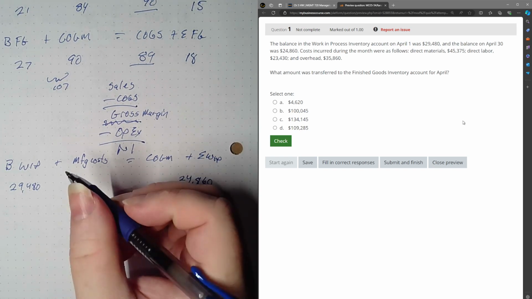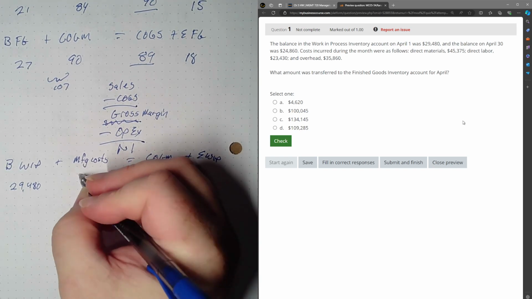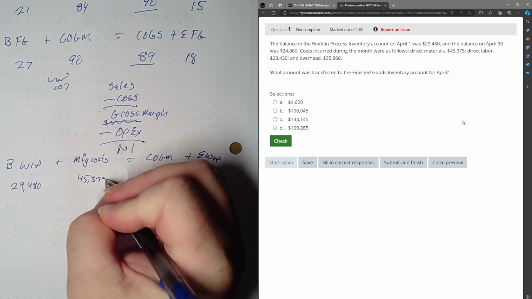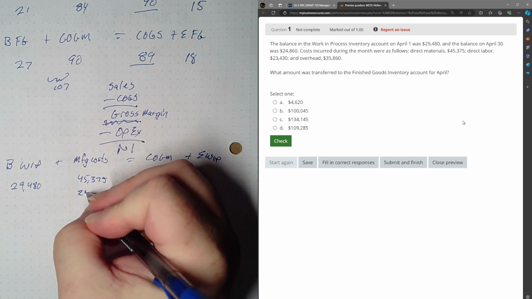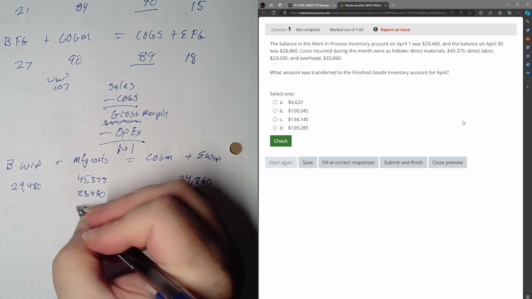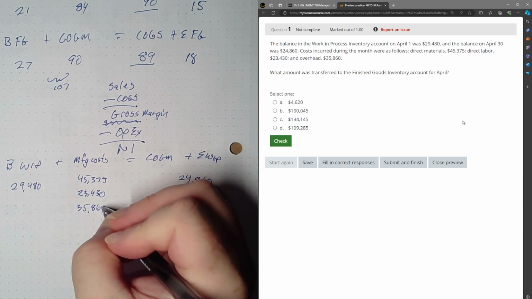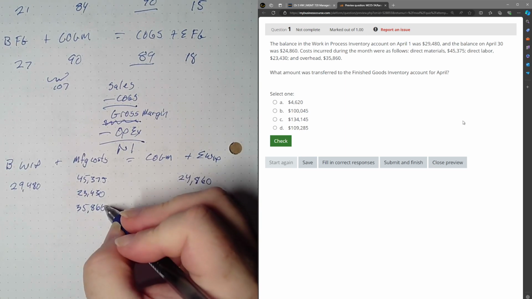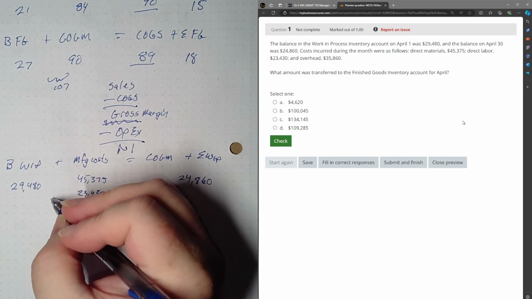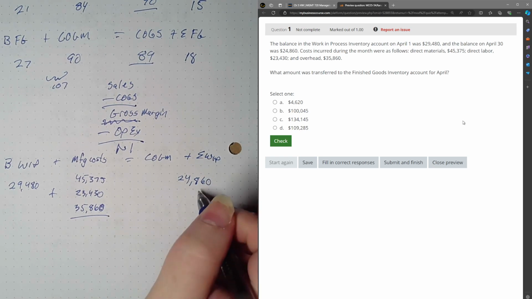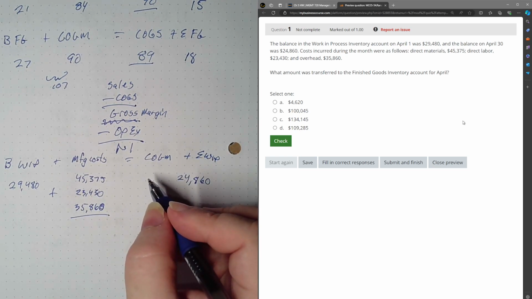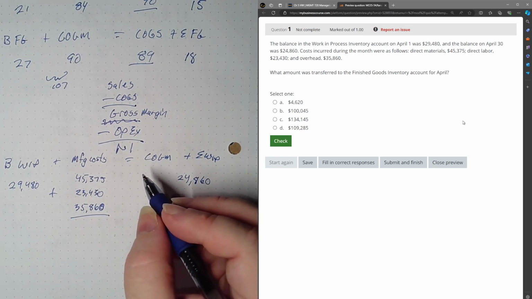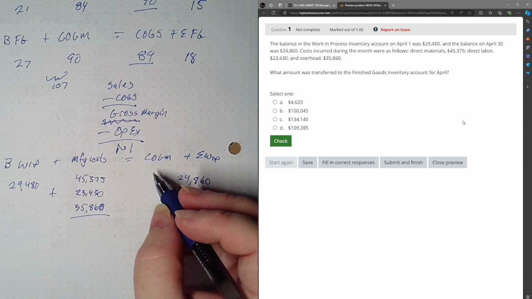Ending work in process is going to be 24,860. The direct costs, and I would add those up, 45,375, 23,430, 35,860, whatever those are. This plus this minus this is going to be cost of goods manufactured. Now you notice they don't call it cost of goods manufactured. They say it's transferred to finished goods.